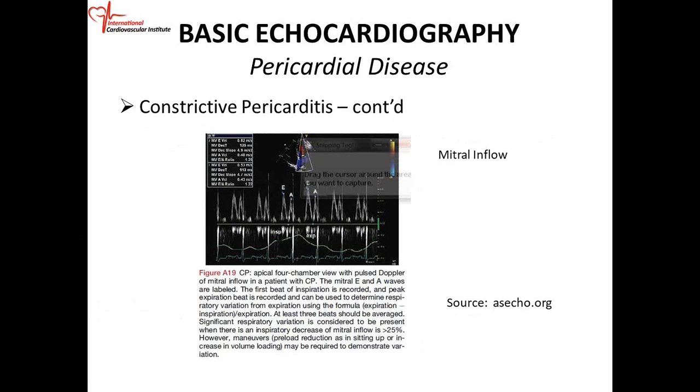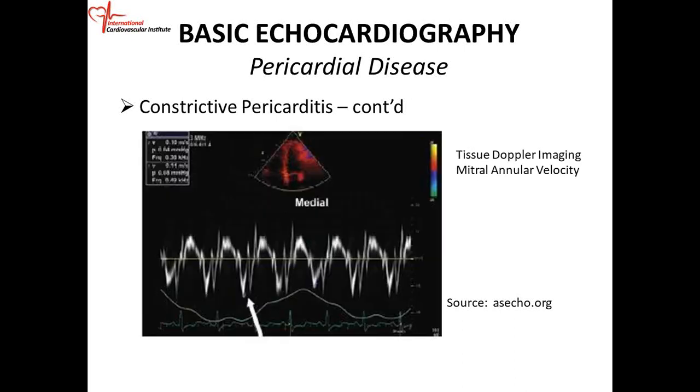So you can't use that by itself because the patient may have tamponade, and some lung disease can give you the same type of picture. Patients with COPD, emphysema can get that inspiratory decrease in E and A velocity. So that by itself is not going to clinch the diagnosis.